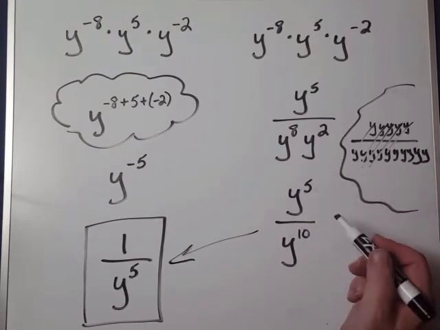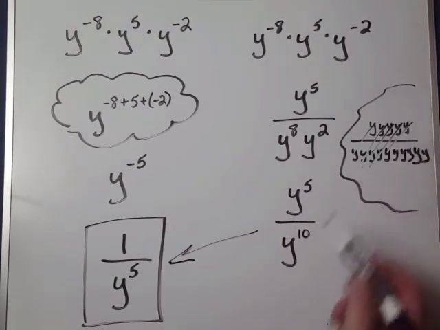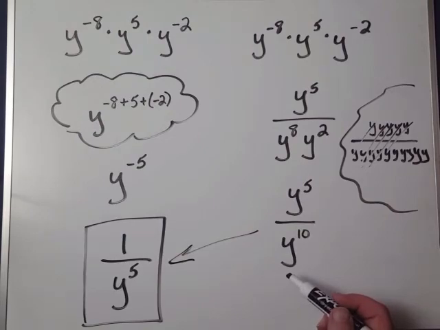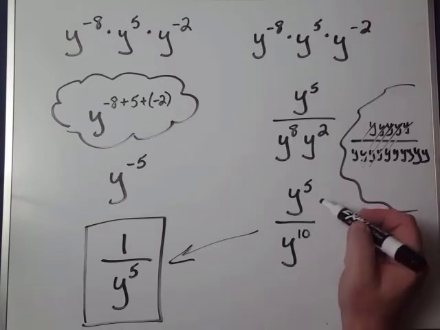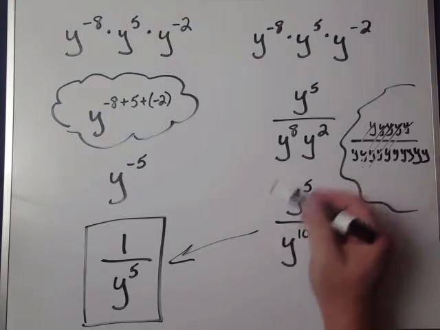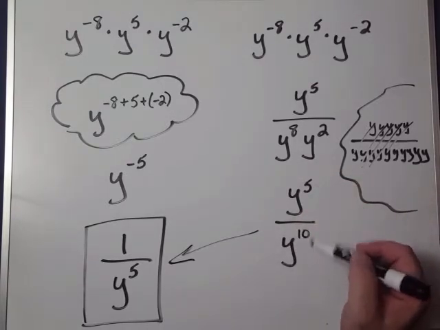It leaves nothing behind in the numerator because they would all be canceled out. And so I get 1 over y to the 5th. Couple different ways to look at and attack this particular problem. Again, my favorite way of dealing with a quotient of like bases is to always ask, how many are left and where?